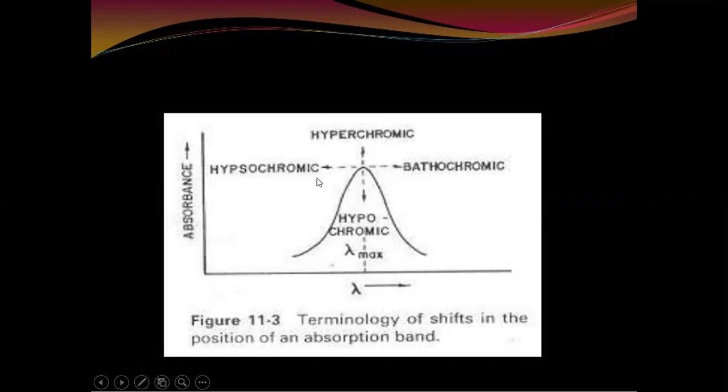Coming to the hyper and hypochromic shifts, if the intensity of absorption is decreasing, that is hypochromic. If the intensity is increased, that is hyperchromic. So this is the terminology of the shifts in the position of the absorption band.